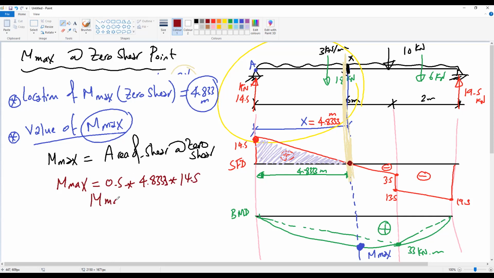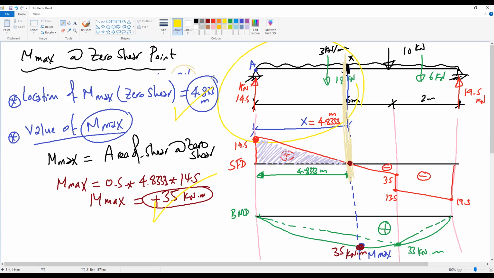From this formula, we find that the maximum moment is positive 35 kilonewton meter. So this is the maximum moment value, 35, and this is the maximum moment location, 4.833.